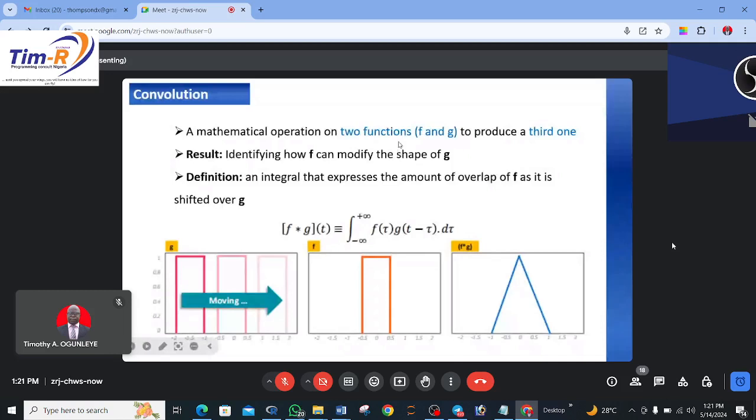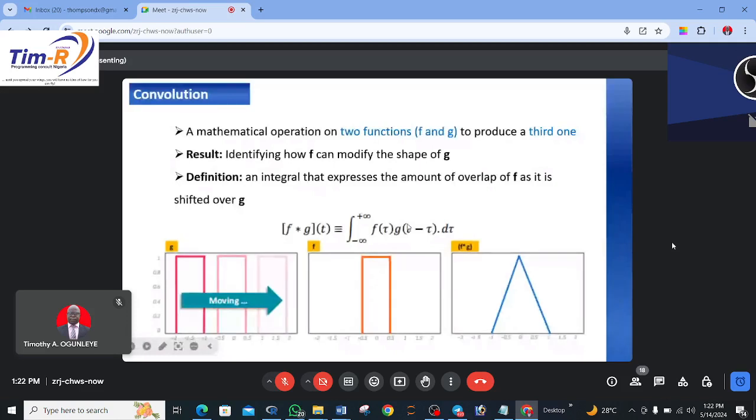The result is that it helps us identify how f can modify the shape of g. That's what convolution is. And the definition is the integral of the amount of overlap of f as it is shifted over function g, which is shown as this.